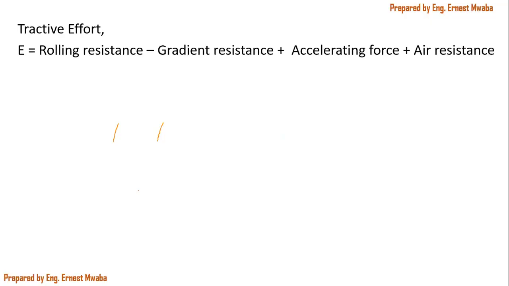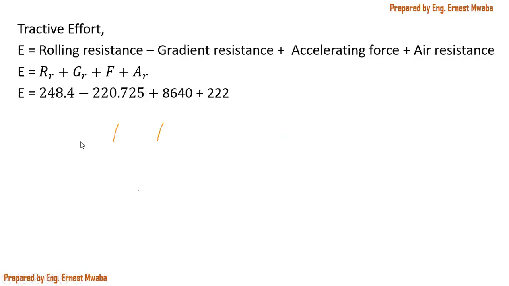Now that we have all these, let's find the tractive effort. We have all these to be added together: rolling resistance, gradient resistance, accelerating force, and the air resistance. So we just sum them up. So yeah, this is supposed to be plus as it has been given in the formula.